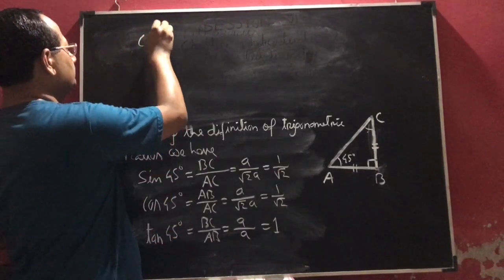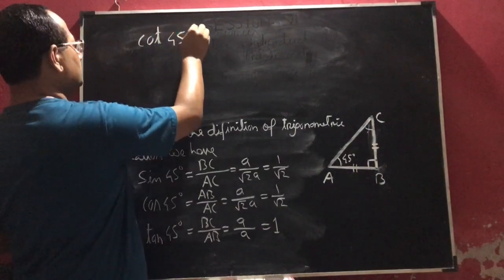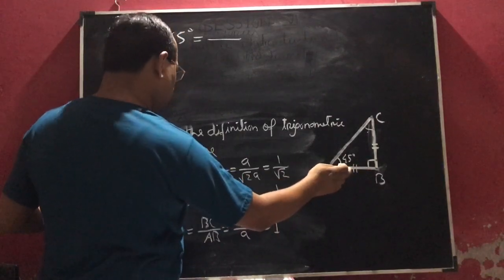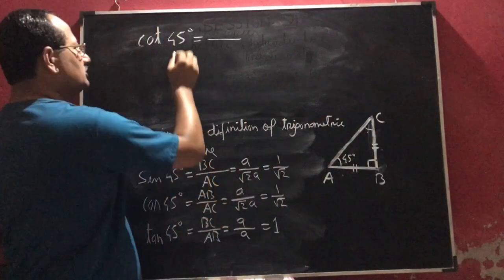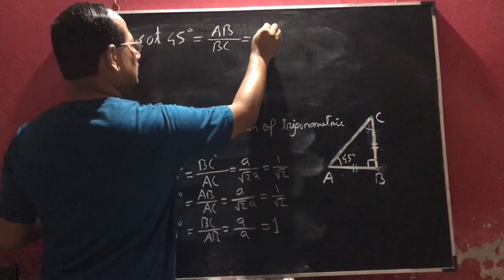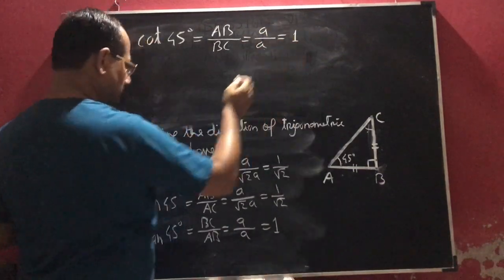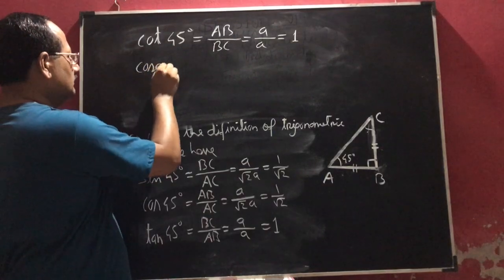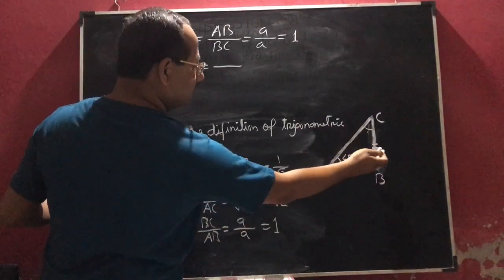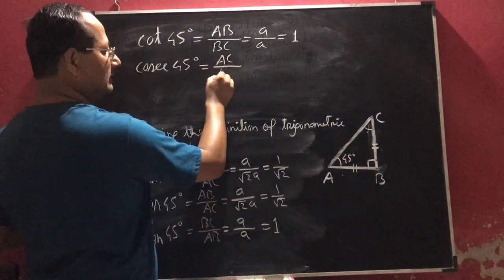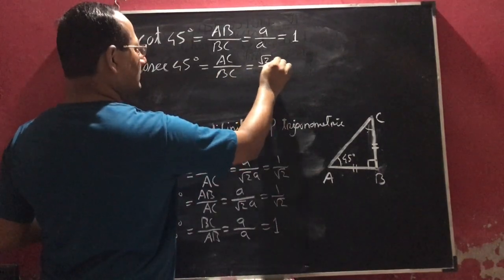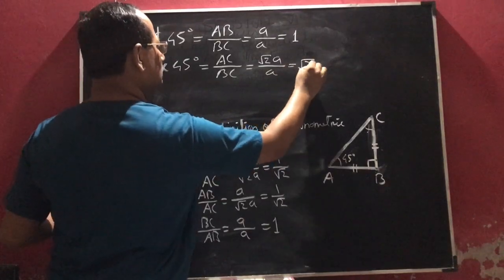Cot 45 degree: adjacent side by opposite side, AB by BC, that is a by a, that is equal to 1. Cosec 45 degree: hypotenuse divided by the opposite side, AC by BC, that is root 2a by a, that is equal to root 2.